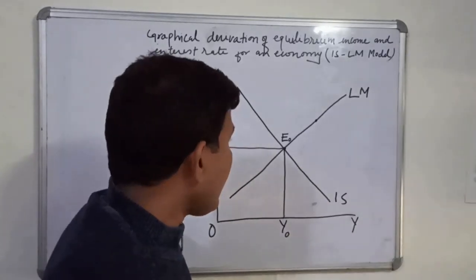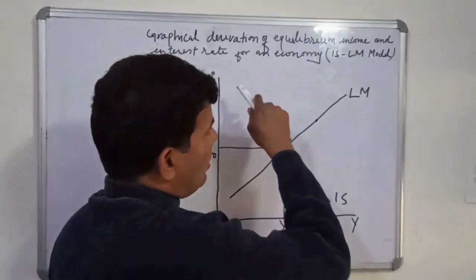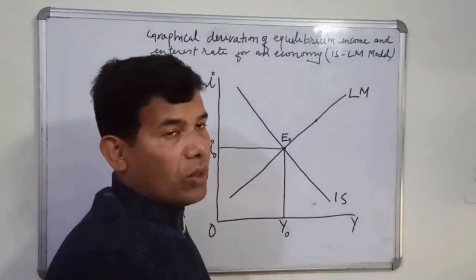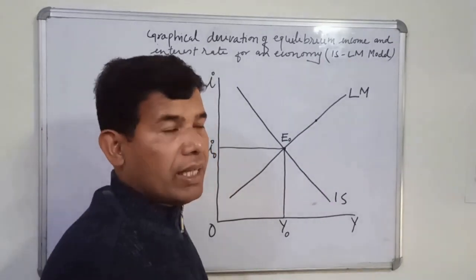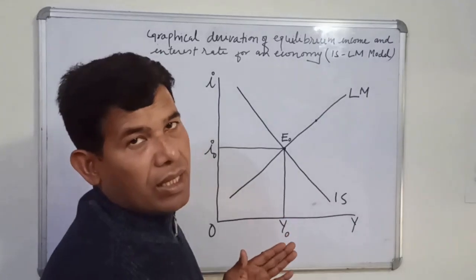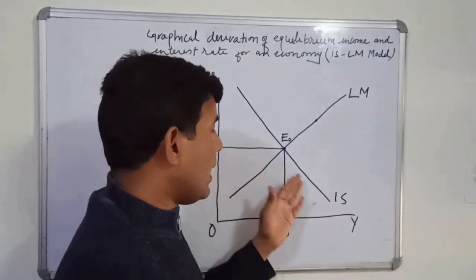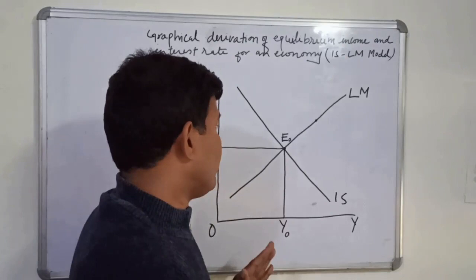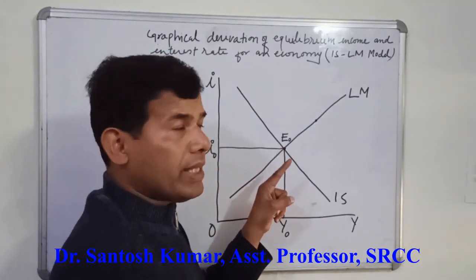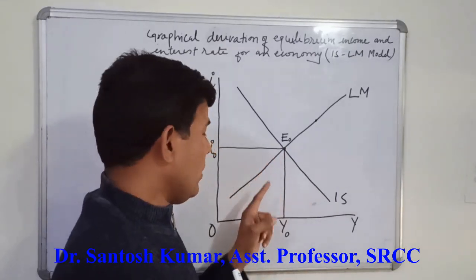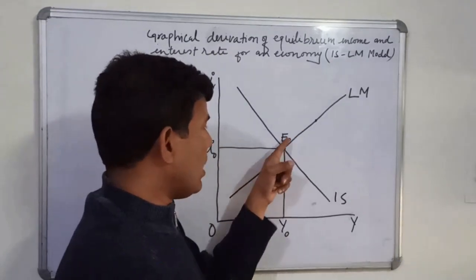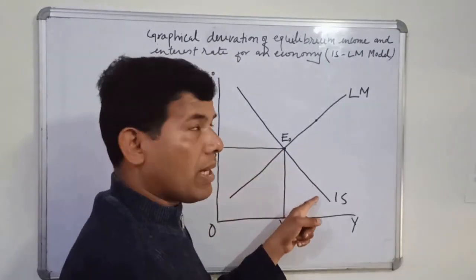Now, once we have drawn the IS curve and LM curve, we can find out the equilibrium point, which will be at the intersection point of the IS and LM curves, at point E naught. E naught gives us that combination of income and interest rate at which not only the money market is in equilibrium, but also the goods market is in equilibrium.